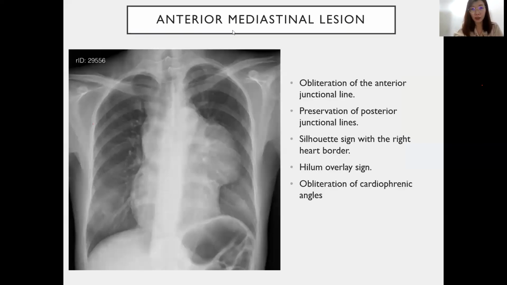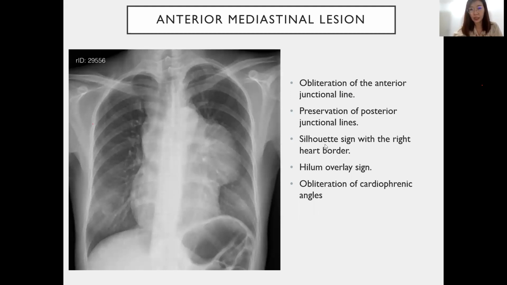These are examples of an anterior mediastinal mass or lesion on frontal X-ray. You can see a mass arising from the mediastinum. Obviously the mediastinum is widened, and there is preservation of the posterior junctional line, which you can identify here. Then the anterior junctional line is obscured, although sometimes we cannot find these features.